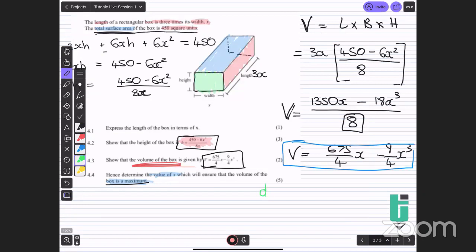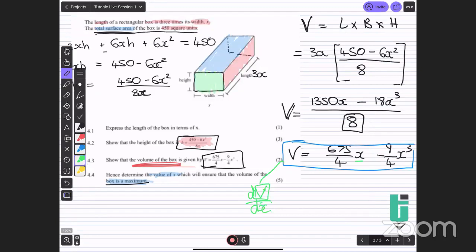An easier way is just to write dv by dx. Remember, whatever you write here is what you differentiate with respect to, so dx. So you were saying, Amara?